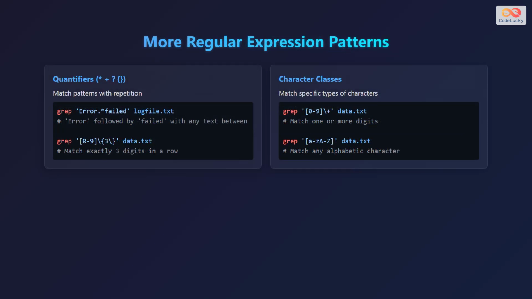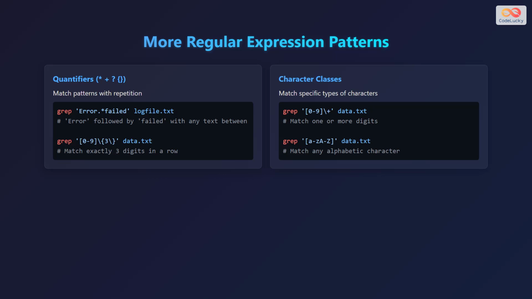Let's explore more regular expression patterns. Quantifiers such as the asterisk, plus sign, question mark, and curly braces are used to match patterns with repetition. The asterisk means 0 or more occurrences, the plus sign means 1 or more occurrences, the question mark means 0 or 1 occurrence, and curly braces allow you to specify a specific number of occurrences.